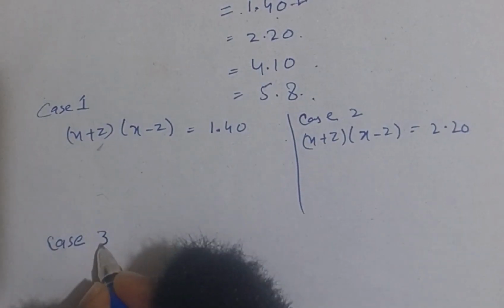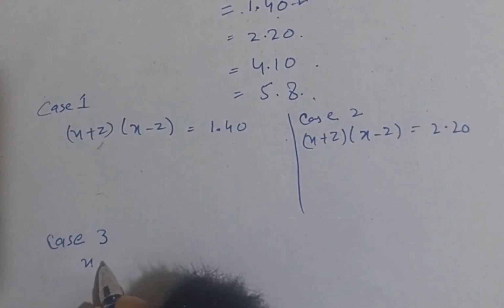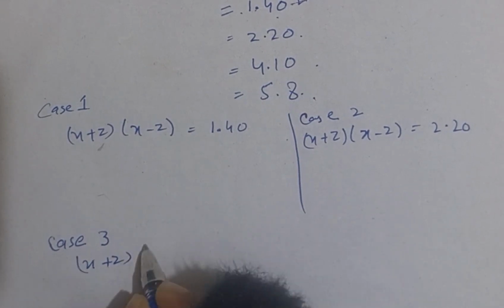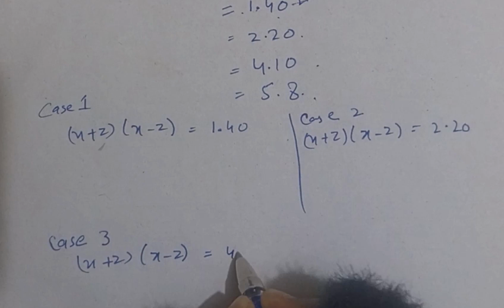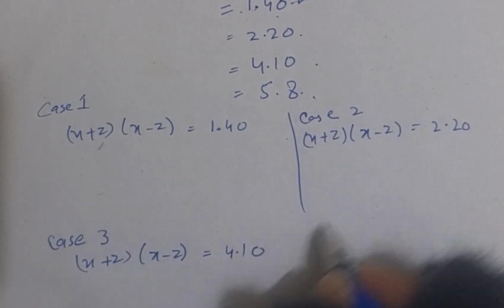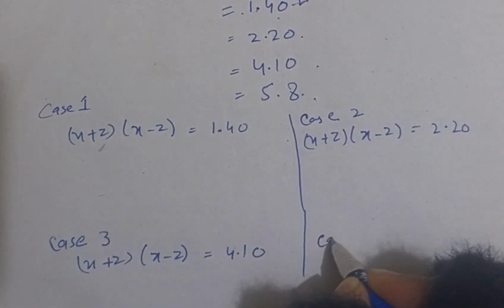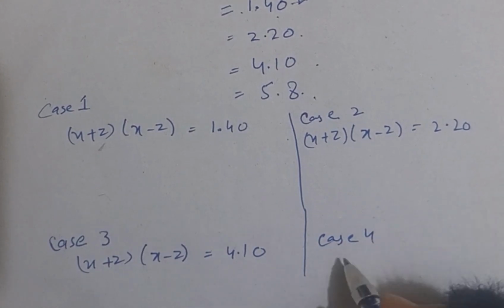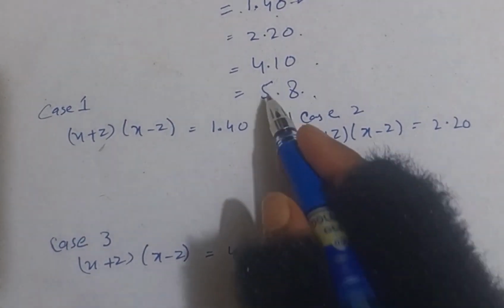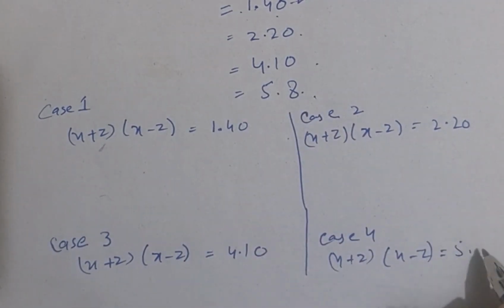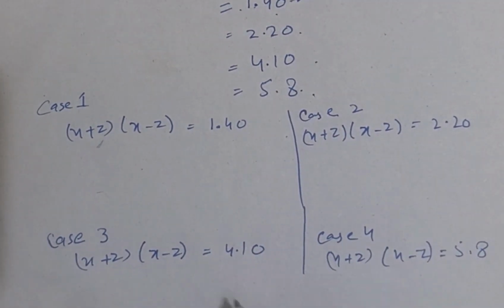Case 3 is x plus z multiply x minus z equal to 4 multiply 10. And the last one, case 4, is x plus z multiply x minus z equal to 5 multiply 8. So solve these four cases one by one.